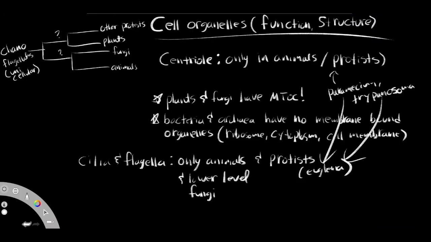I think it's a zoospore that has cilia and flagella, and lower level plants too, that have a history of being very, very prehistoric, like mosses and ferns. They have cilia and flagella too.